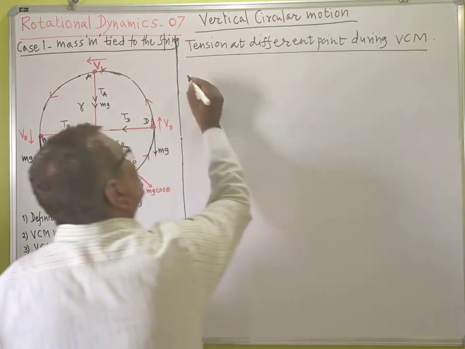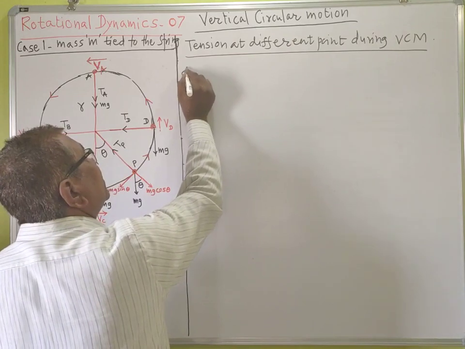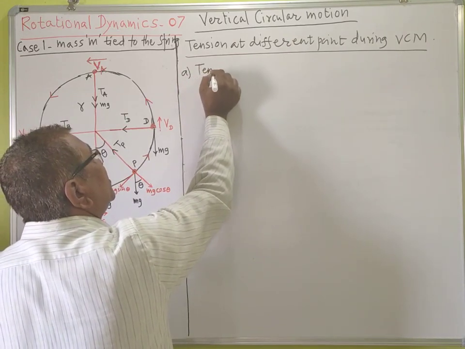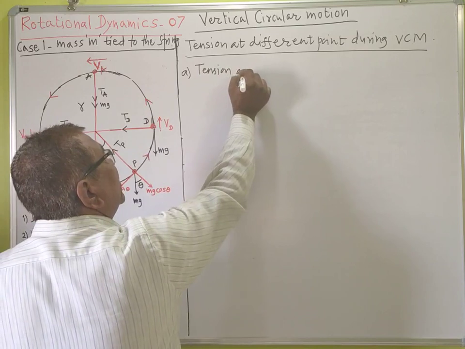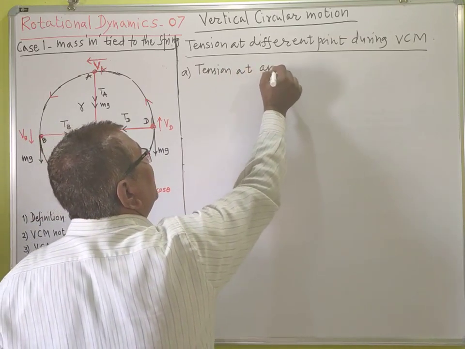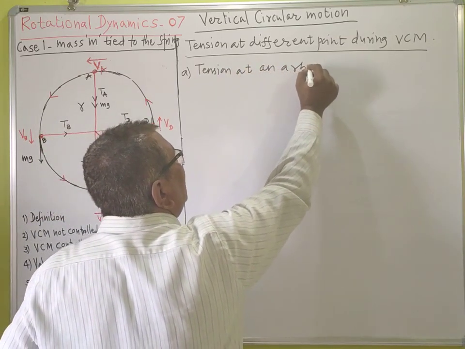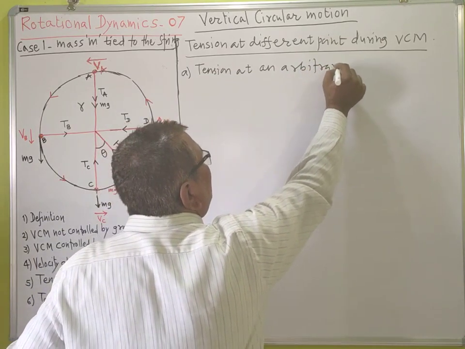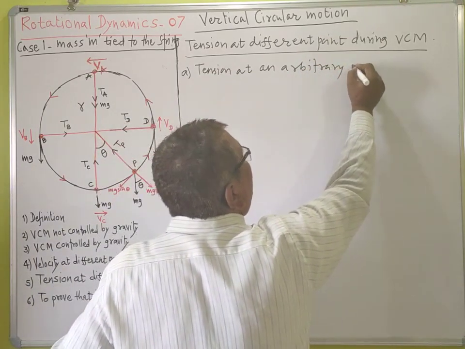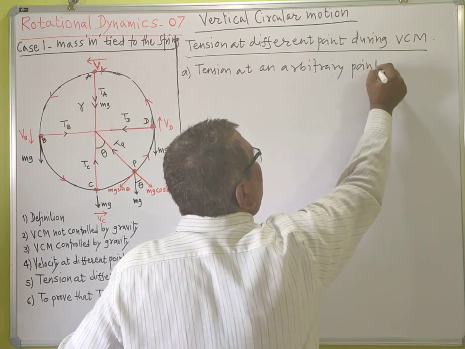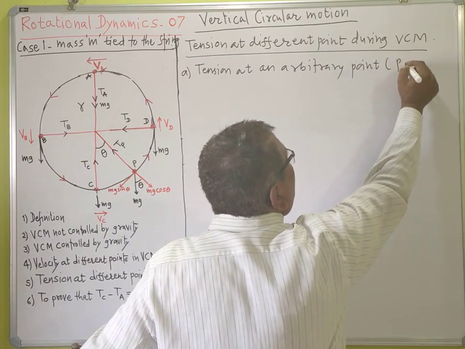Okay, so our first point is tension at an arbitrary point, that is P point.